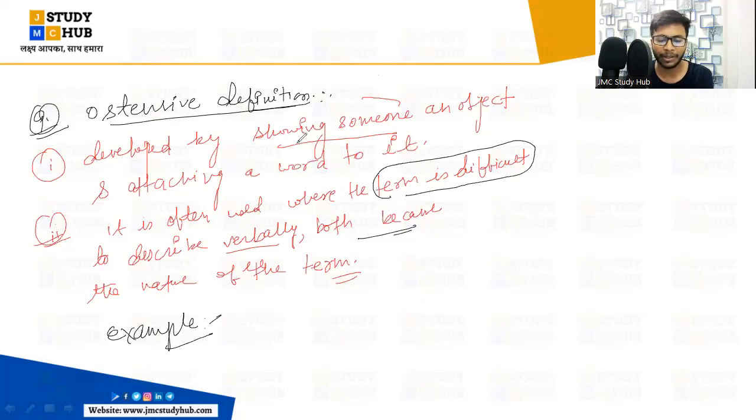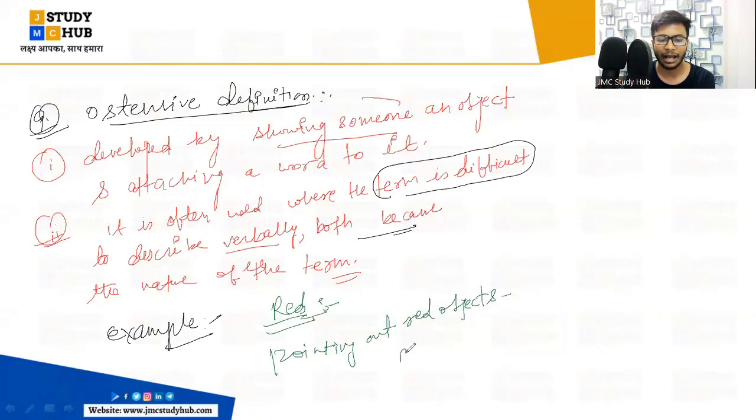Like, for example, defining red. If you are defining red, you will show some object, pointing out red objects such as an apple, right?